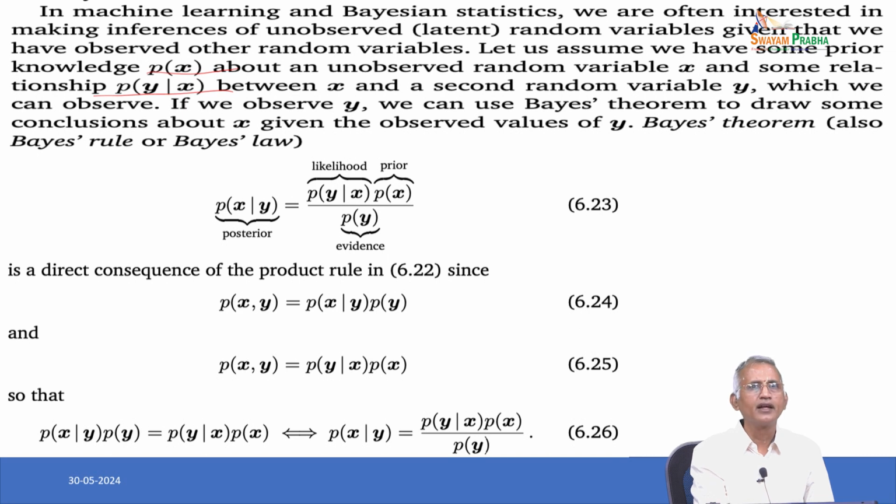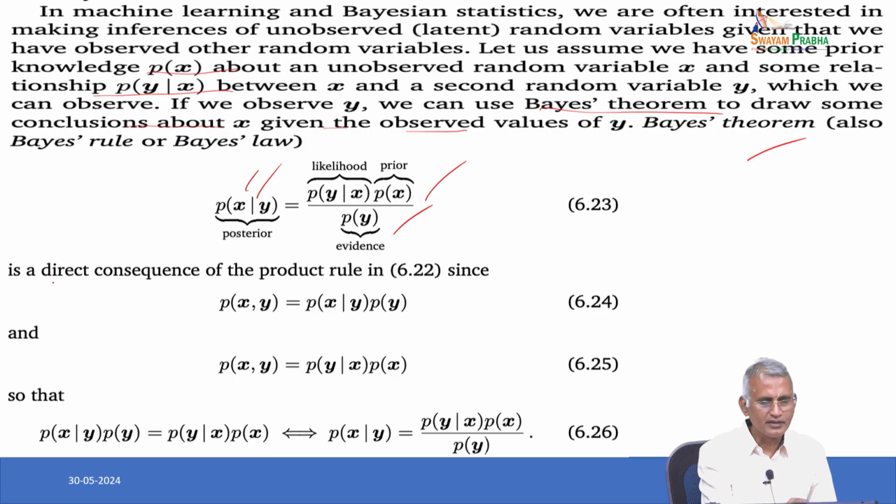If we observe y, we can use Bayes theorem to draw some conclusions about x given the observed values of y. Therefore, according to Bayes theorem, p of x given y equals p of y given x times p of x divided by p of y. So, p of x given y is called the posterior, p of y given x is the likelihood, p of x is the prior, and p of y is the evidence, which you also have to get.